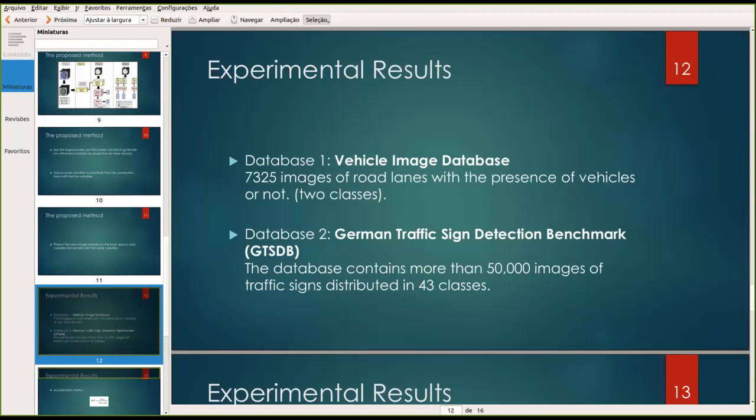The second database is the German Traffic Sign Detection Benchmark. This database contains images of road traffic signs of various types.